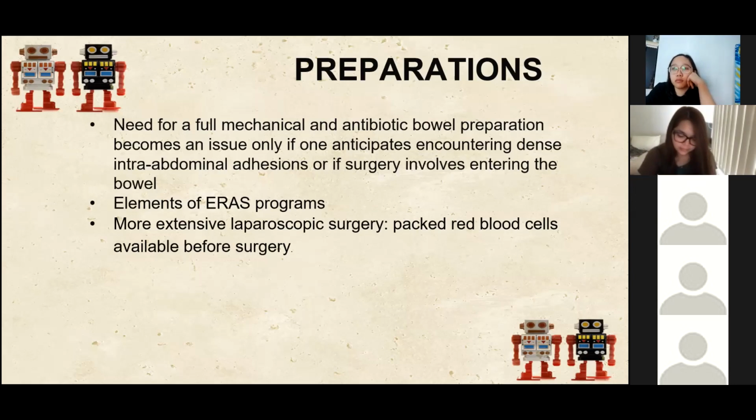These protocols have resulted in shorter hospital stays, a reduction in complications, a decrease in readmission rates, thus reducing healthcare costs. So more extensive laparoscopic robotic procedures should be managed like any other major open surgical procedure with packed red blood cells available before surgery.